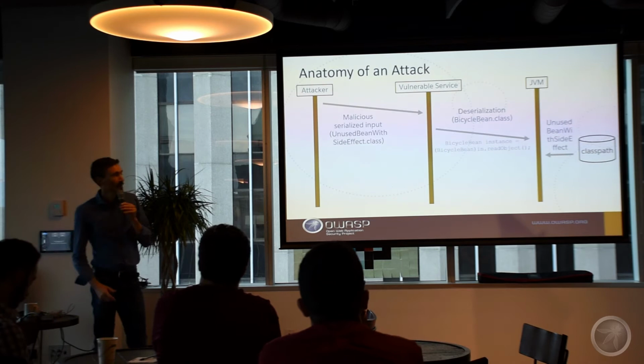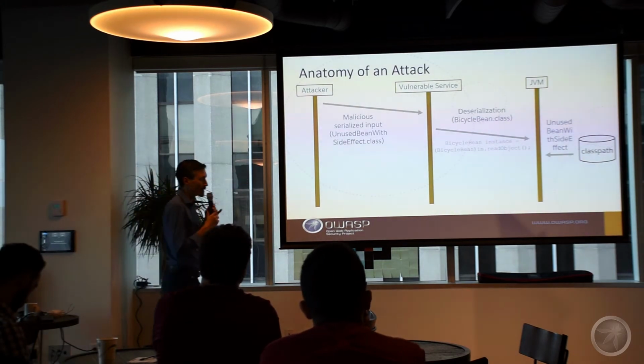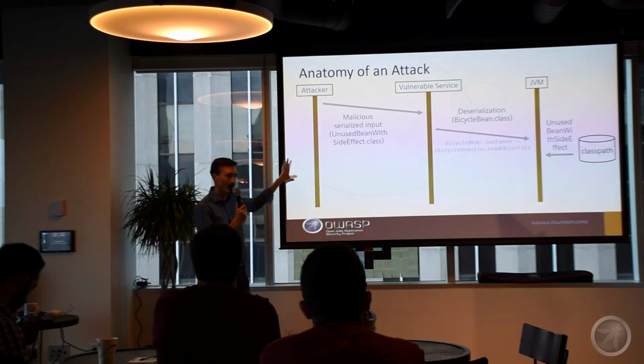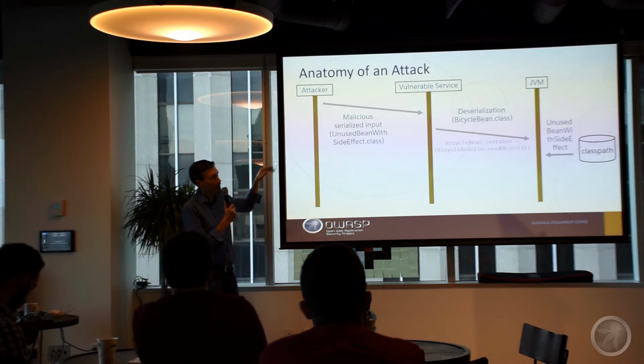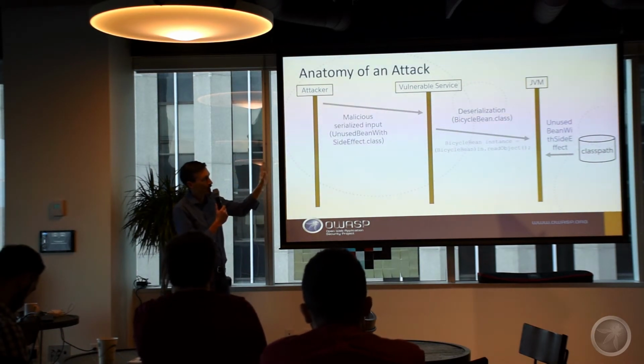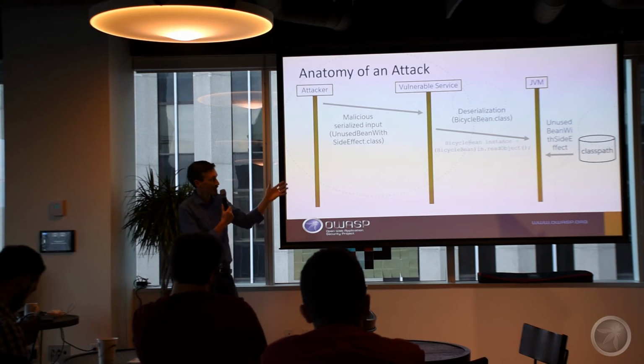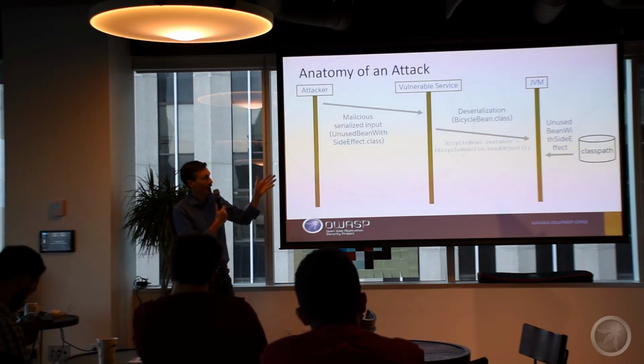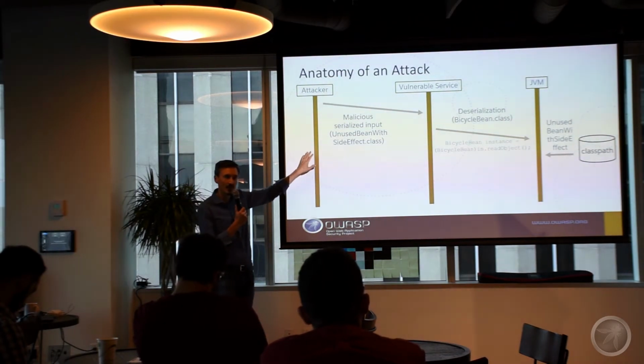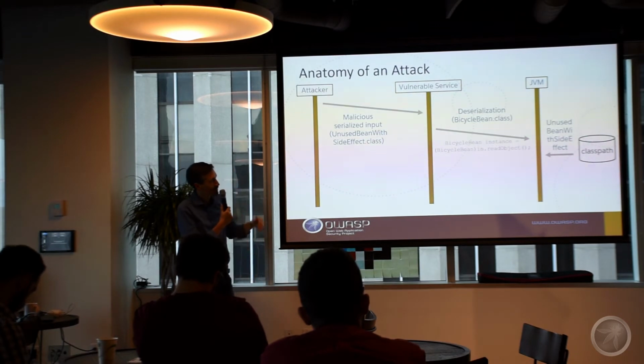Behind the scenes, remember that when I showed you the binary form, there's the name of the class up at the beginning. So when the Java virtual machine parses it, it looks at the class name and then loads the class from the classpath. In this case, it's not a Bicycle bean, it's an UnusedBeanWithSideEffects instance, because we cheat. We are the bad guys here.